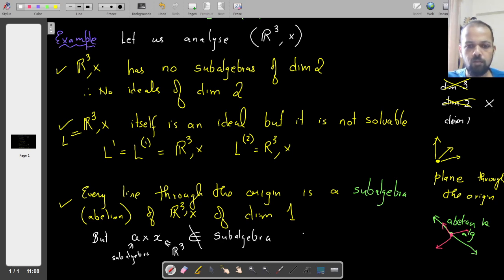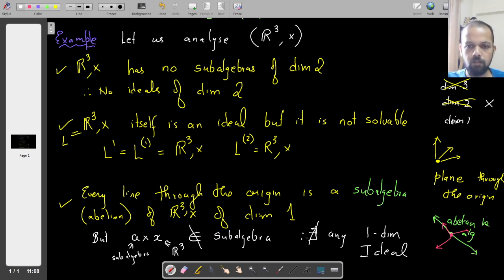So therefore, lines through the origin, there does not exist any one-dimensional ideal.